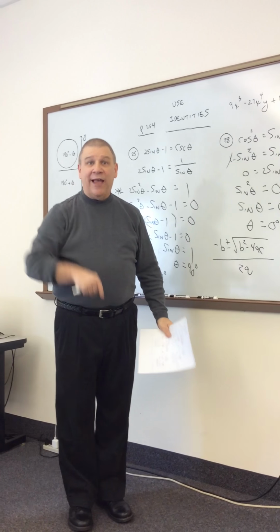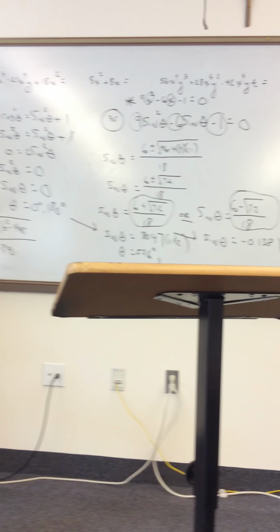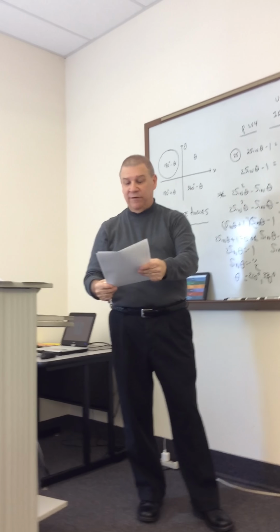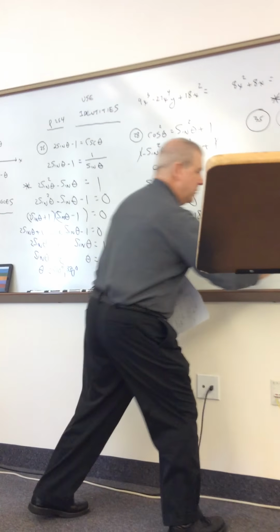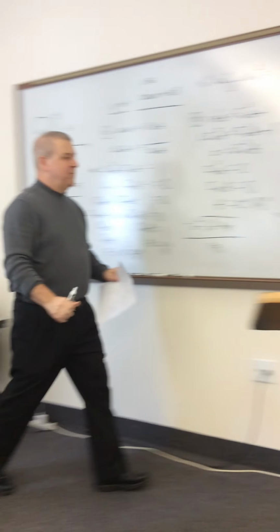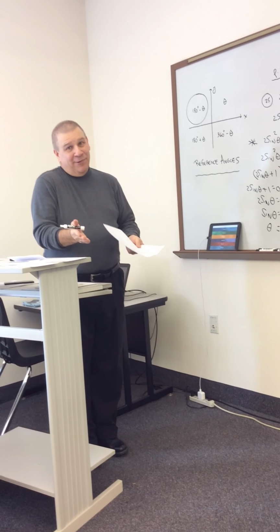You're going to punch in your calculator 180 degrees subtract 53.6. Go ahead, do it. What's the angle? That's the angle in quadrant 2. What is it, Andrew? 126.4. Who has a question? I'm taking this really slow.